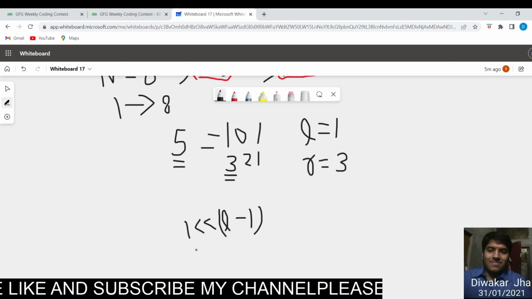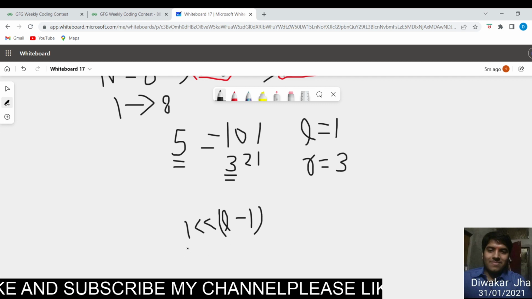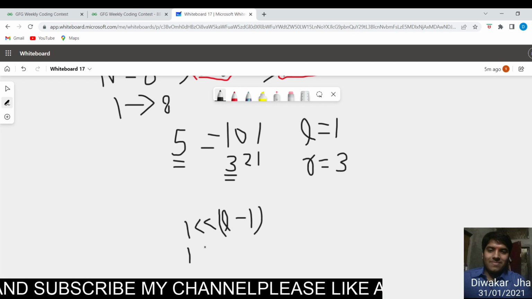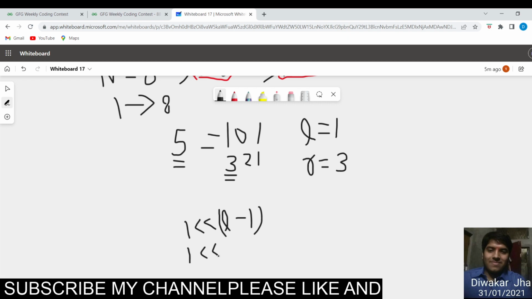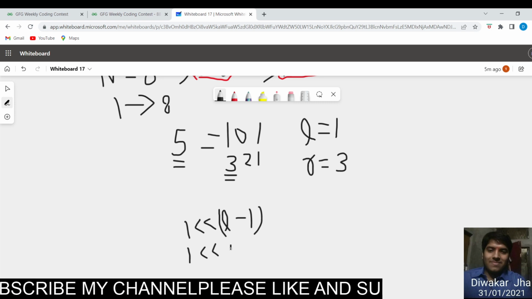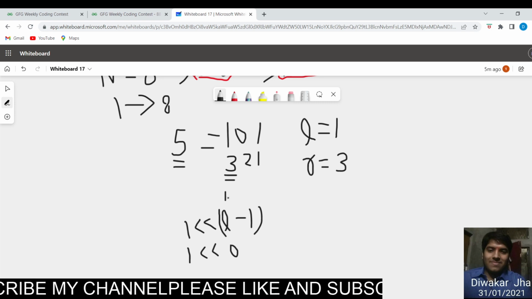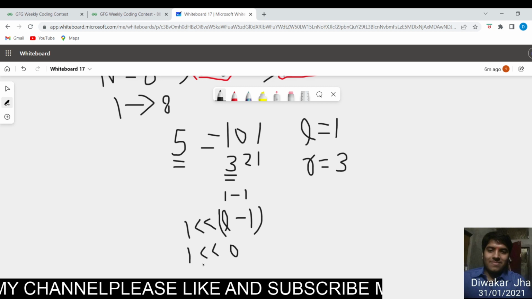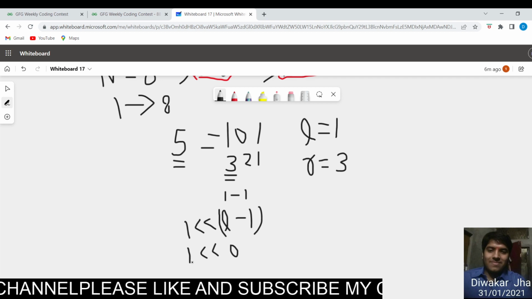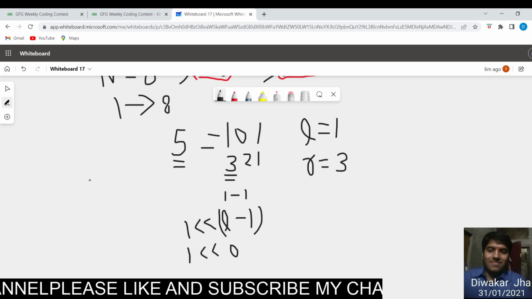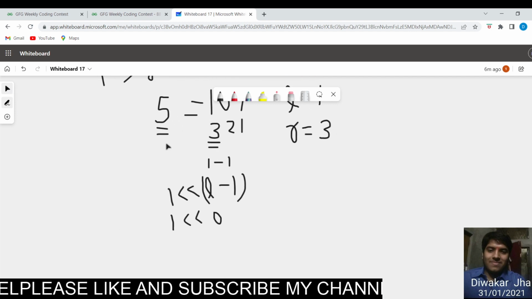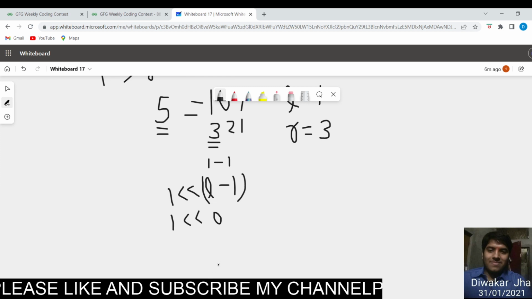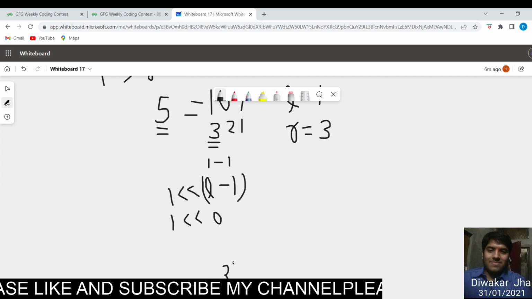For the simple example here, 1 should be left shifted zero times, because 1 minus 1 is 0. Left shifting the value 1 zero times is 2 to the power 0.